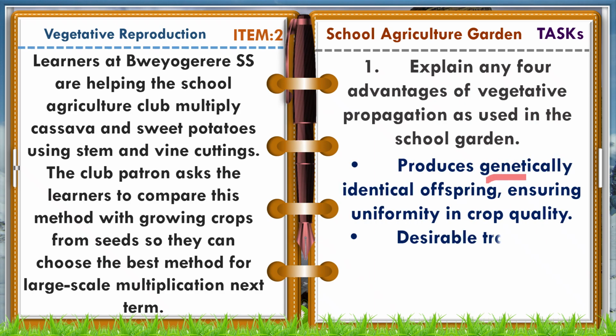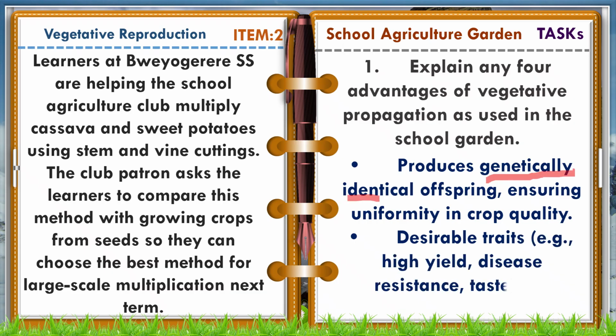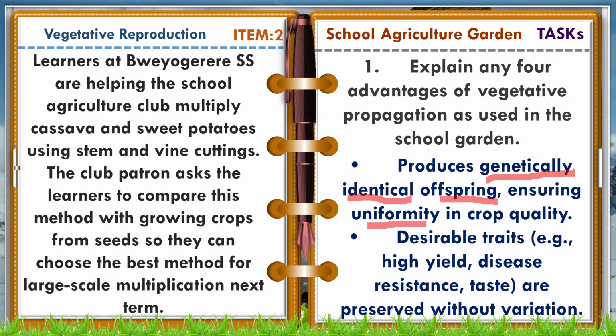They produce genetically identical offsprings, ensuring uniformity in crop quality. The desirable traits, for example, high yields, disease resistance, and taste, are preserved without variation.